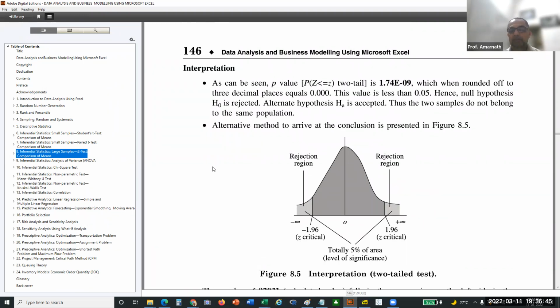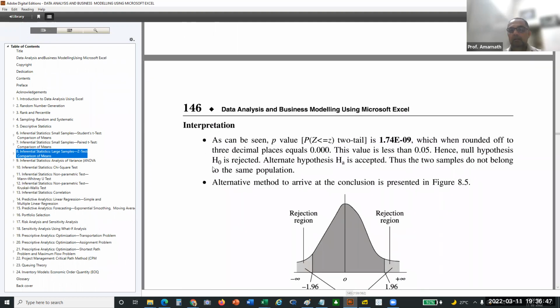So, any questions here? What is the difference you perceive from the t-test testing? Yes, can somebody answer? What is the nature of the difference?